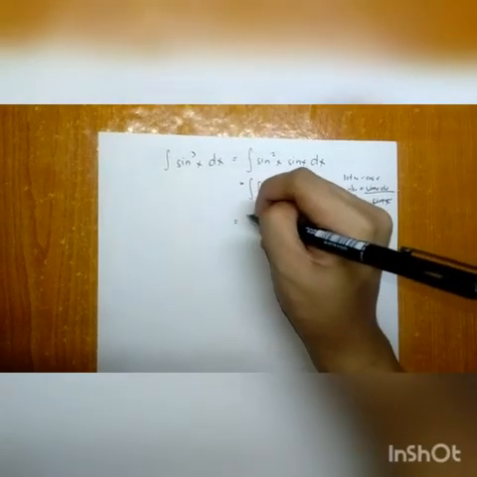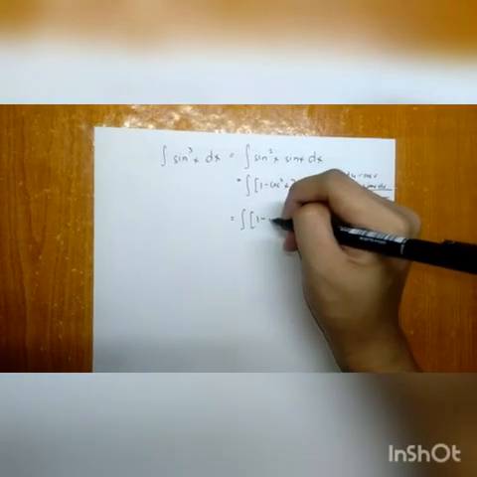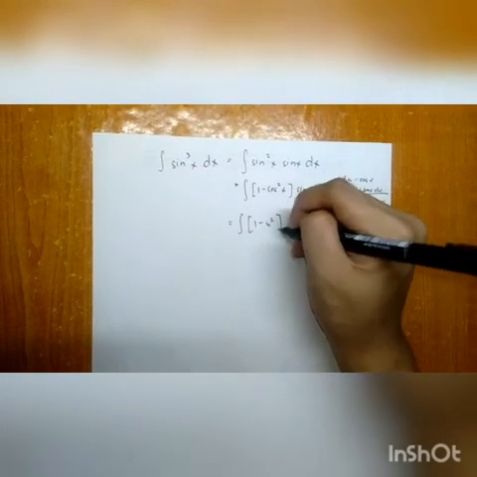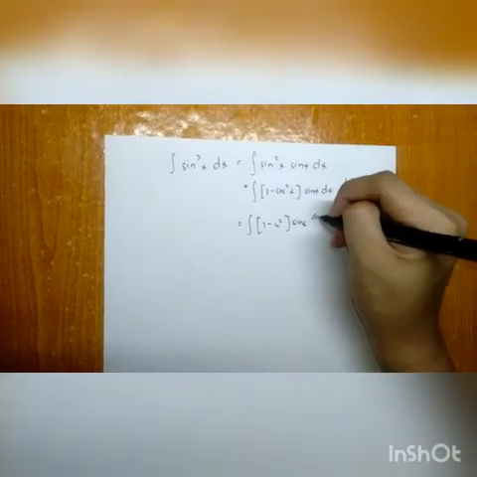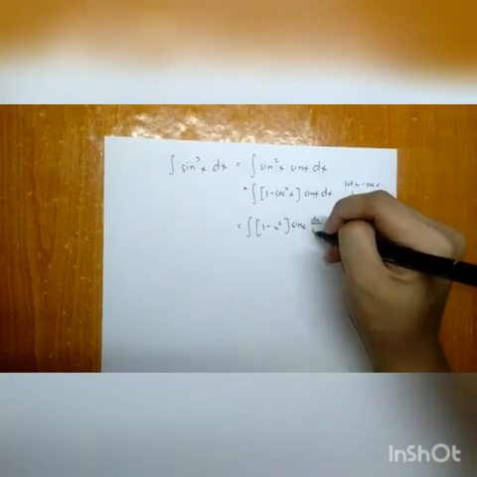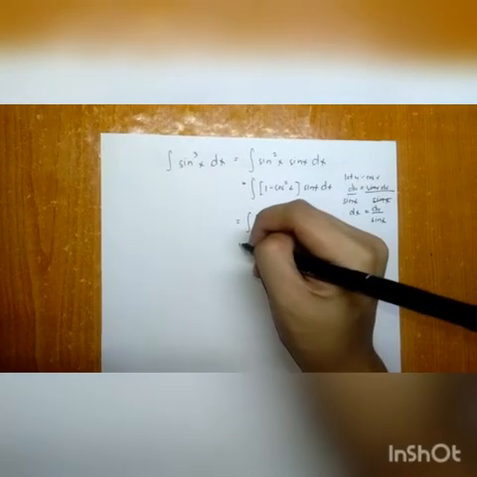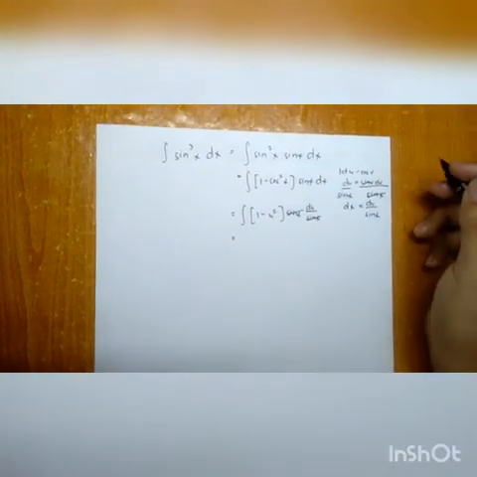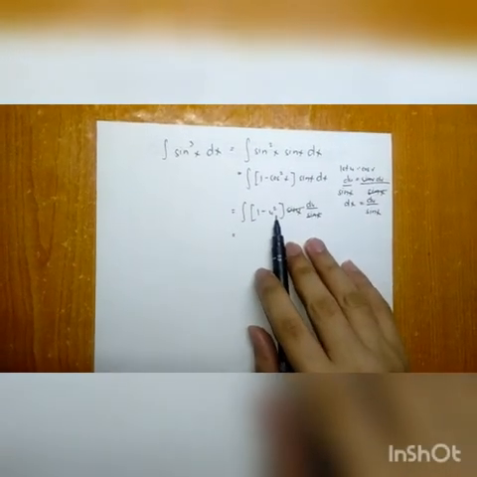Now, we will be substituting the u. Integral of 1 minus u squared times sine x. The dx will be du over sine x. Sine x will be cancelled. Now, we will find the antiderivative of 1 and of u squared.